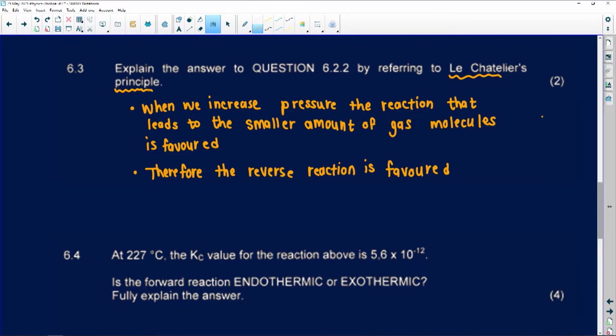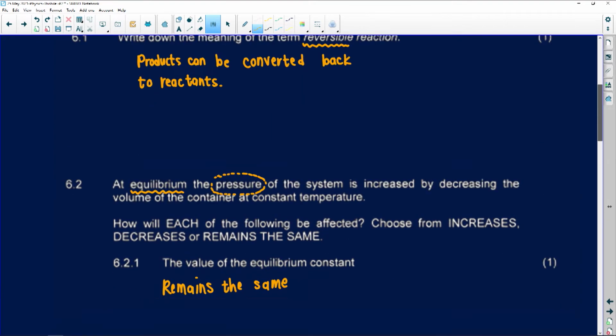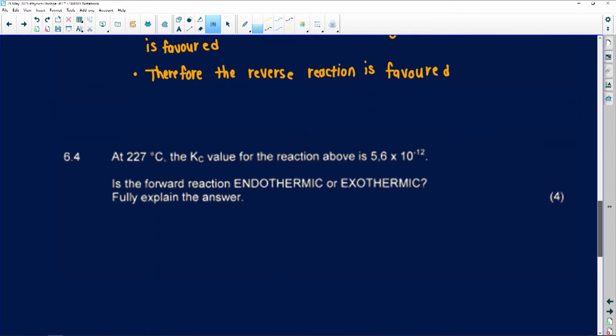Let me just go up. Between the two, I can see here I had 2 moles and here I only had 1. So when we increase the pressure by decreasing the volume, the reverse reaction is favored because it has the least gas molecules. It only has 1. And that is then the side of the equation that is favored.